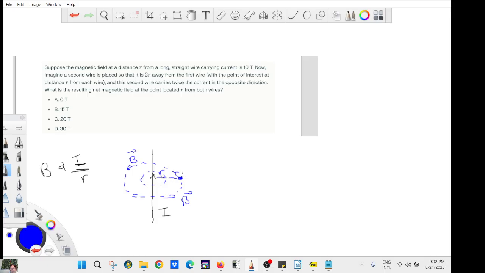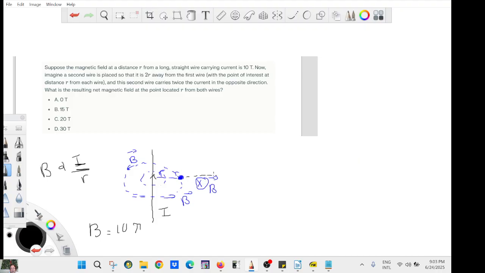At that point, B will be going into the blackboard, at a distance R, and B has a magnitude of 10 T. You can take your right hand: if the thumb is the current, going up, you see that the magnetic field is going into the board.